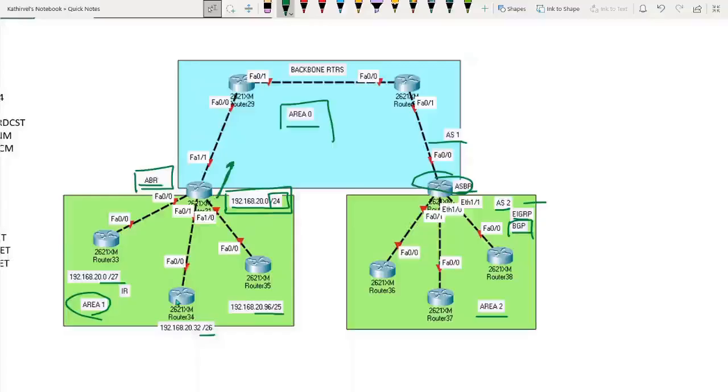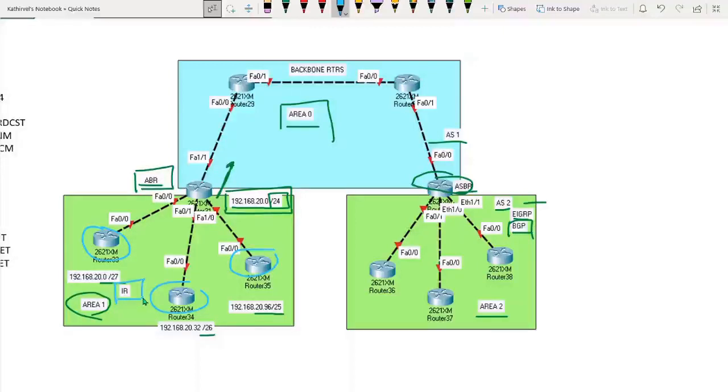Also, the remaining routers here in area 1, all these routers' interfaces are in area 1. They don't have any interface in any other area, right? So this kind of router is considered an internal router.